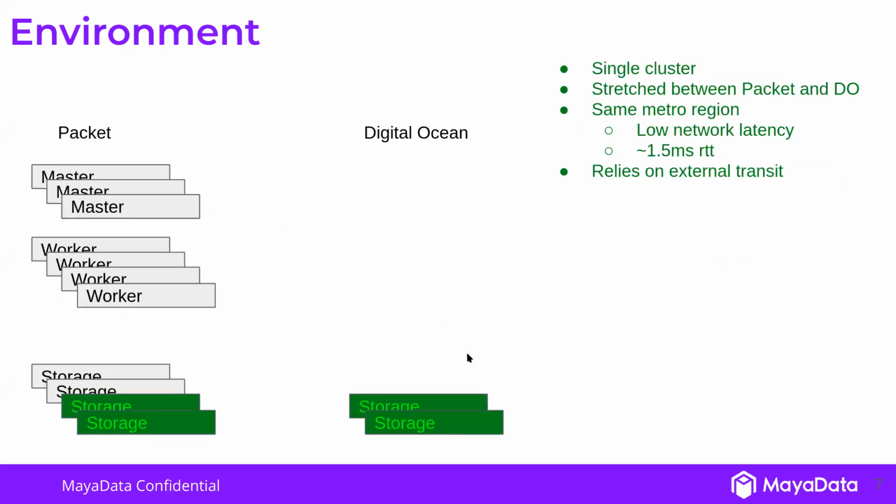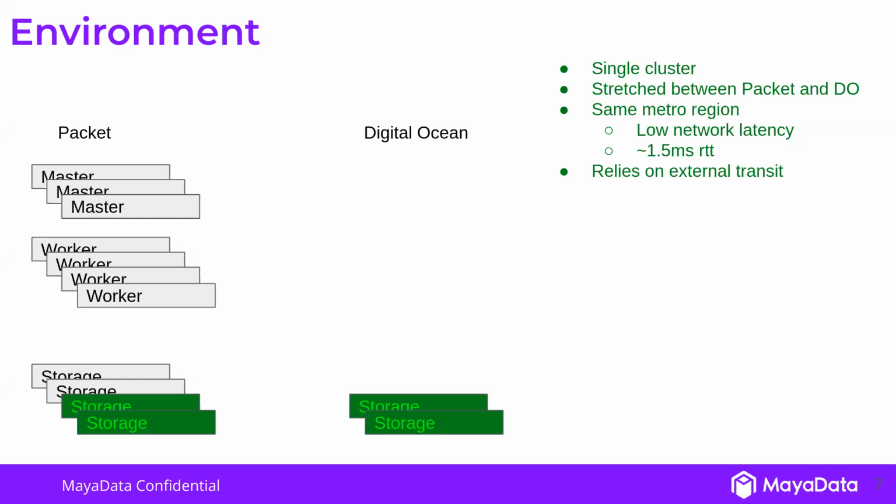And another word about the physical setup. It's a single Kubernetes cluster with 3 masters and several worker nodes in Packet, as well as several storage nodes. Now the storage nodes have a lot of additional storage in Packet that I'm using for other purposes, but I've taken 2 of the SSDs on 2 of the Packet storage nodes to use for this stretched CStore storage pool.